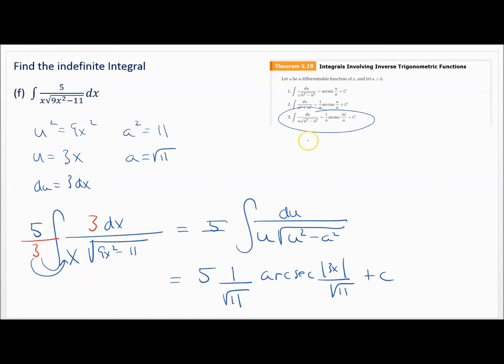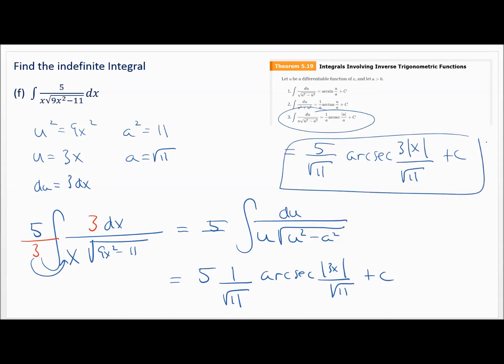Now I can make that look a little bit better. So this is 5 over the square root of 11 in front, and then arc secant or inverse secant of the absolute value of 3x over the square root of 11 plus c. One more thing. I could rewrite the absolute value of 3x as 3 absolute value of x, because 3 is positive. So this is the simplest I do believe that we'll get.